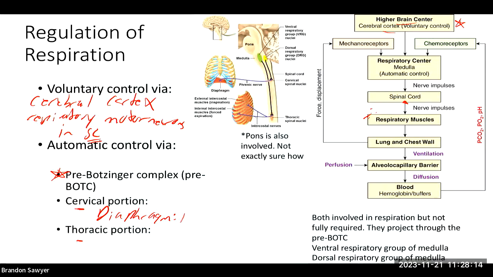You guys know that? Okay, and then the thoracic portion is going to be what controls our intercostal muscles, both external and internal. Yeah, and those are mostly controlled by the intercostal nerves here.